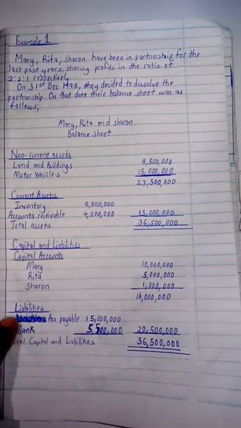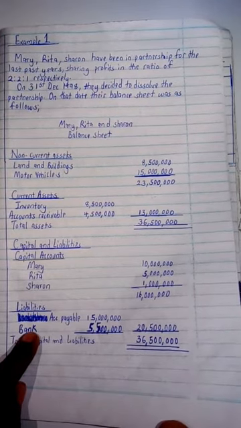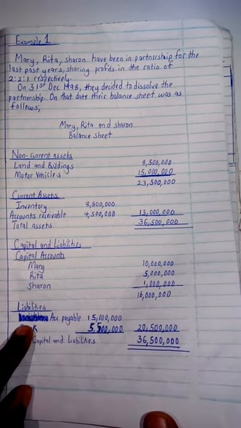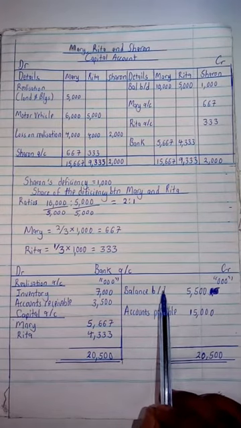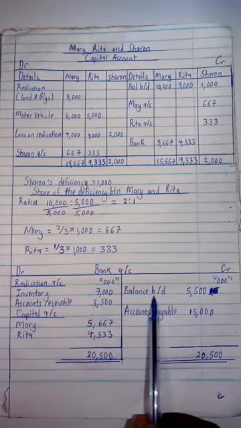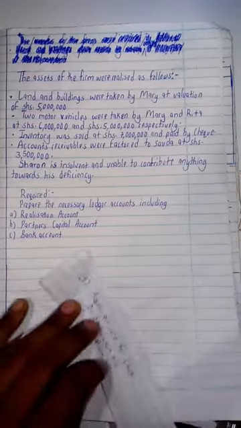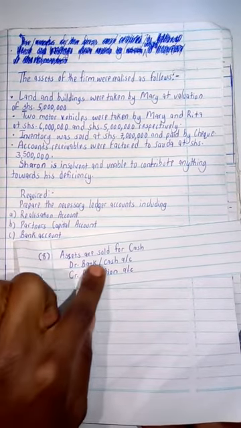I'm having bank on the liability side, meaning this is a bank overdraft, and with bank overdraft it's going to be having a normal credit balance brought down. So I'm going to say balance brought down of 5.5M, which is going to be this. So after knowing this, what does the entry require me to do? The entry is saying assets are sold for cash, debit the bank.